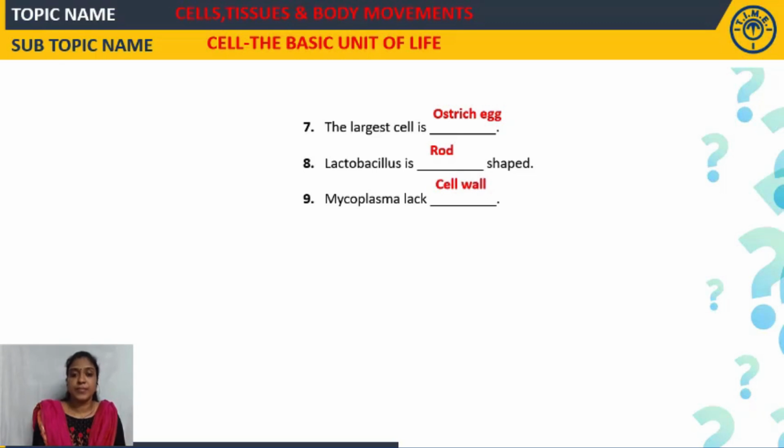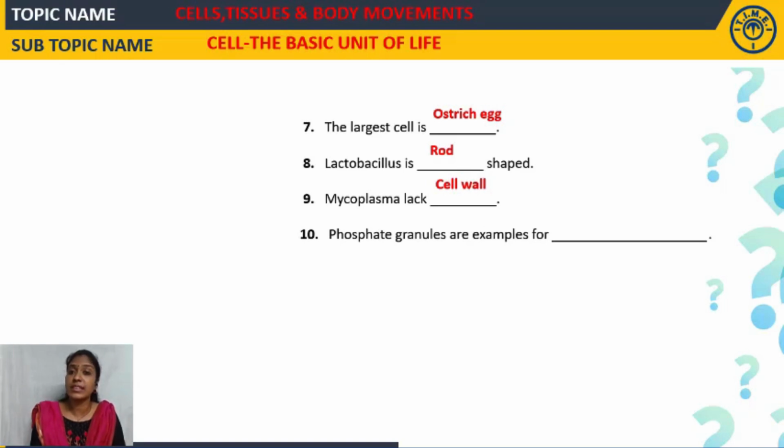Then question number 10: phosphate granules are examples for dash. In bacteria, there are some structures known as what? We discussed them in the previous session. There are some bodies known as inclusion bodies, which act as a storage for reserve materials.